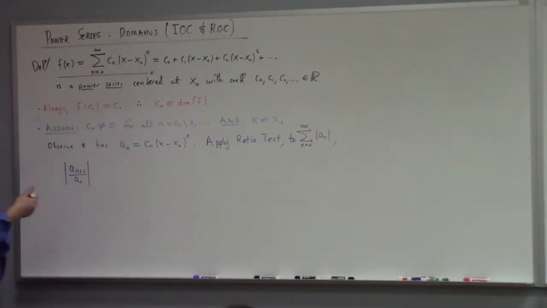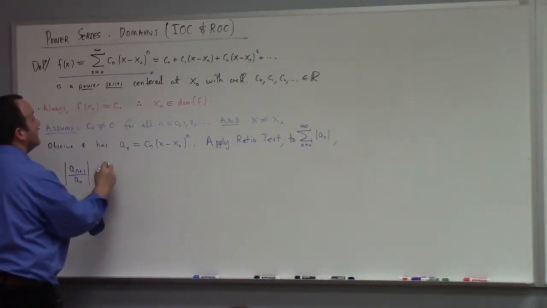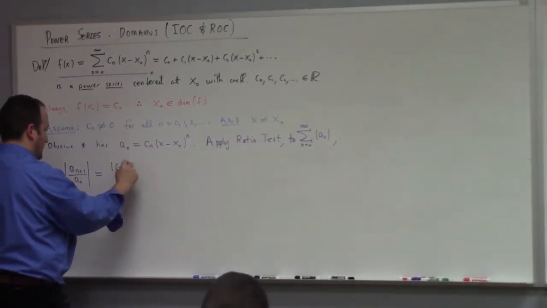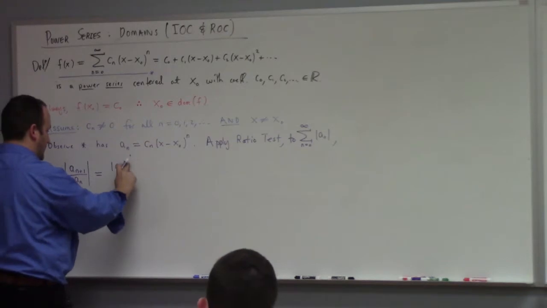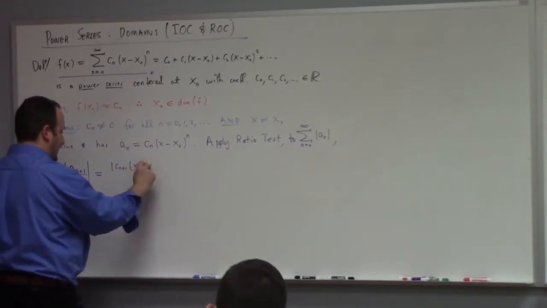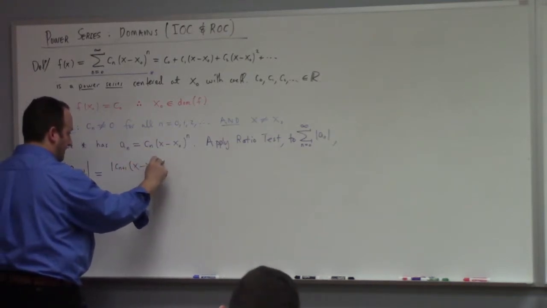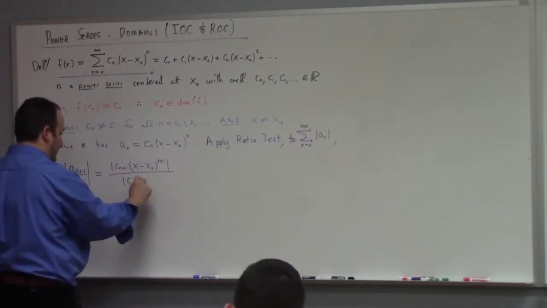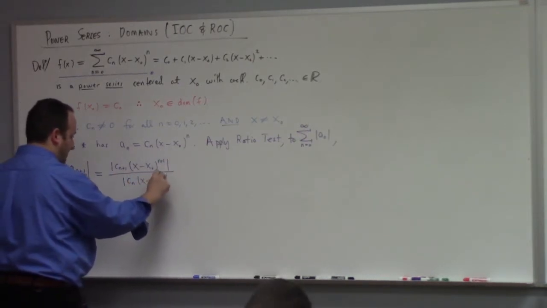So what is that? We have the absolute value of C sub n plus 1 times (x minus x naught) to the n plus 1, divided by the absolute value of Cn times (x minus x naught) to the n.